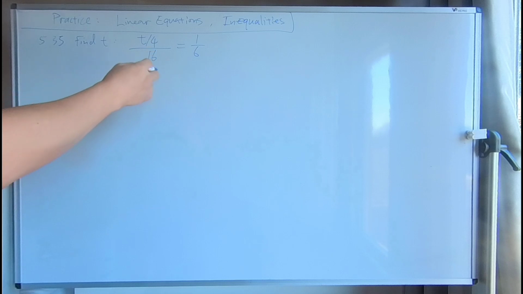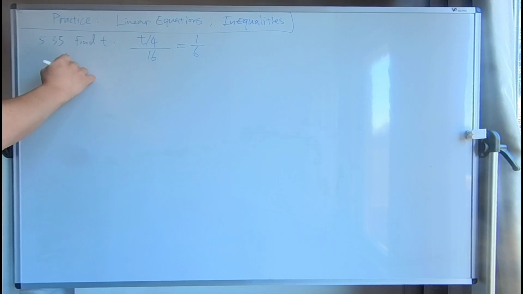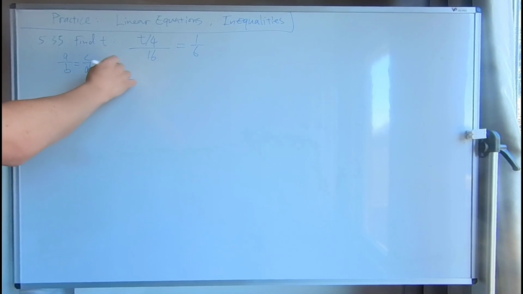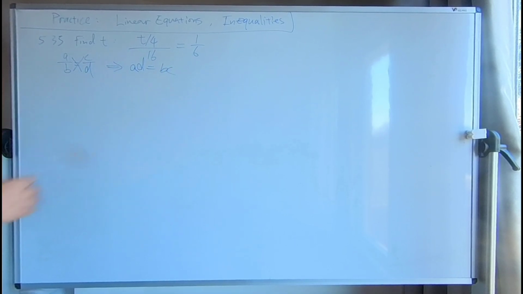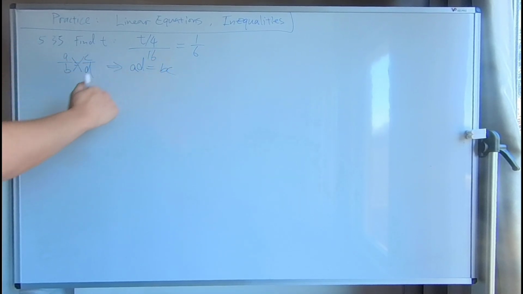It looks like the easiest way is to take the cross product. If you still remember, this relationship is equivalent to the cross product: AD equivalent to BC.